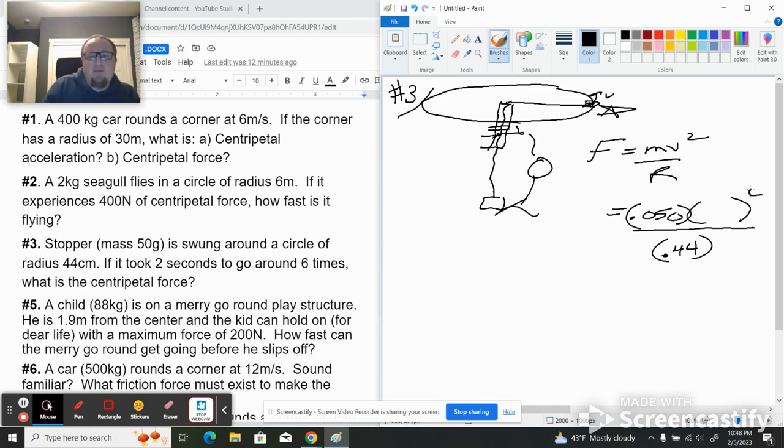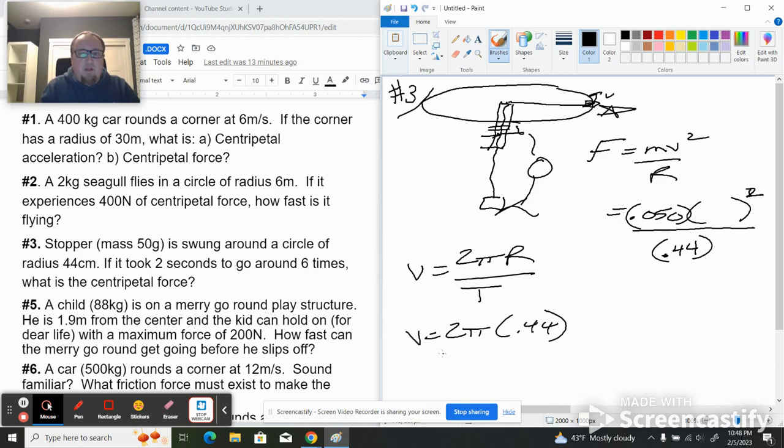It did not give us velocity, and whenever they don't give you velocity, one of the strategies is to do 2 pi r over time. 2 pi r uses 0.44, and it takes 2 seconds to go 6 times, so 2 seconds divided by 6 gives 0.33 seconds. So my velocity is 8.37. I'm just going to write that down.